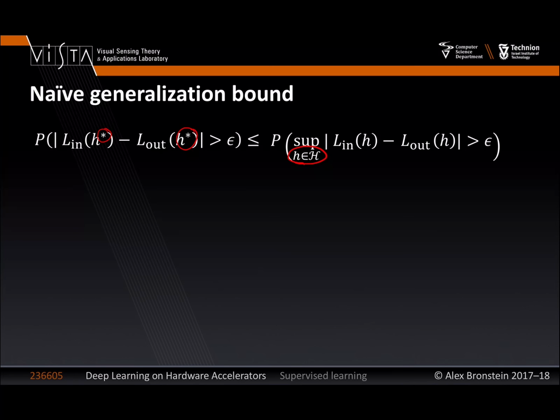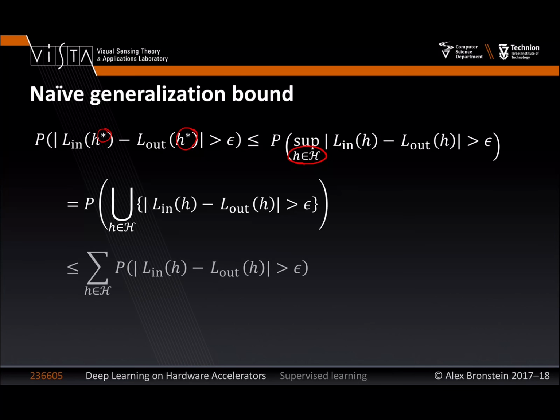So here I have the probability of this supremum over the whole space of hypotheses, and I can write this as a union of all possible generalization gaps for all H's in my class. And then I can upper bound this by the sum of probabilities.